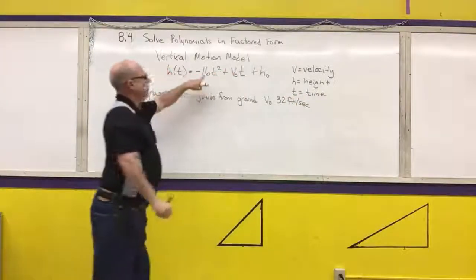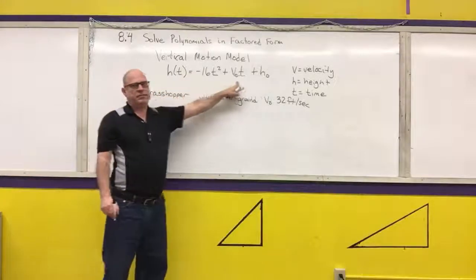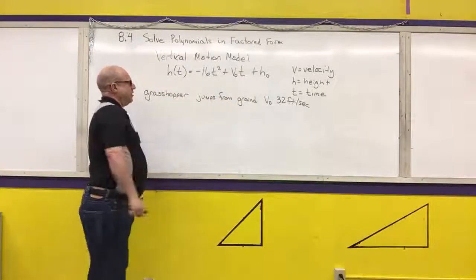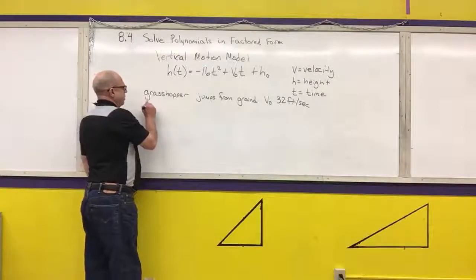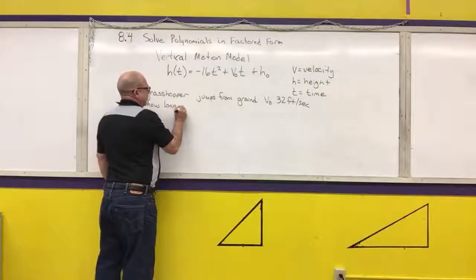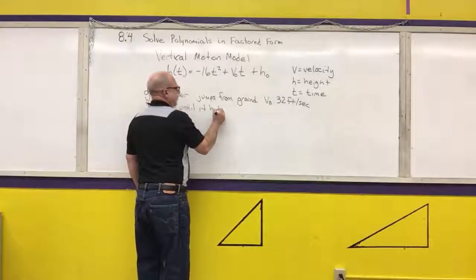Okay, one thing I want to tell you about this model is that it is in feet per second. We have a different model if it's in meters per second. I want to know how long until it hits the ground.